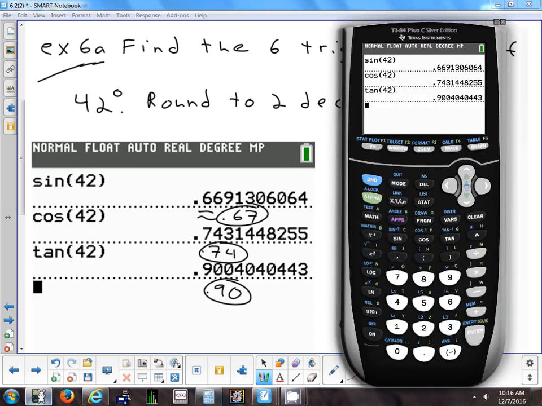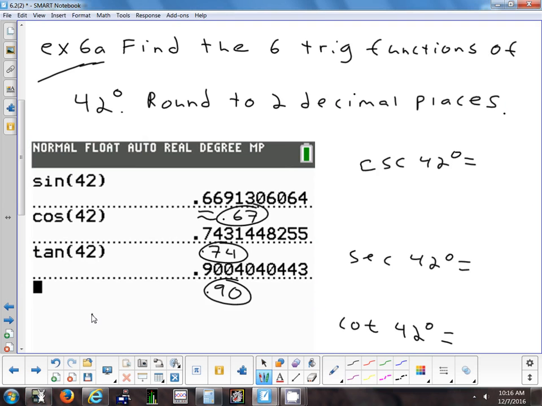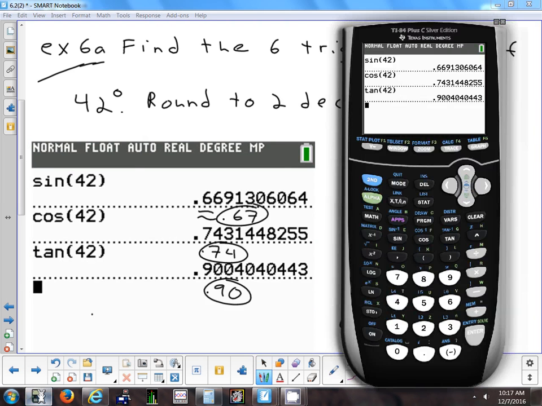So how could I find the cosecant of 42? Yeah. Don't use the rounded off answer, okay, because it's not as accurate. If you want the cosecant, type it in like this: 1 divided by sine 42. Okay, so that's your cosecant.